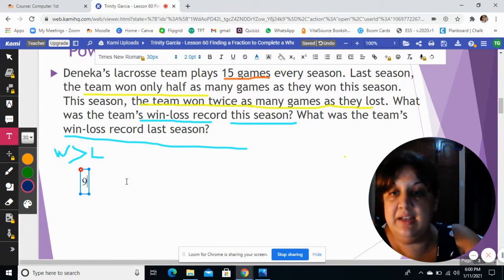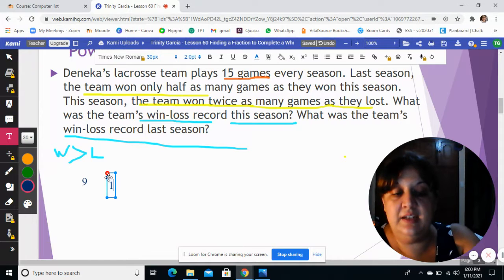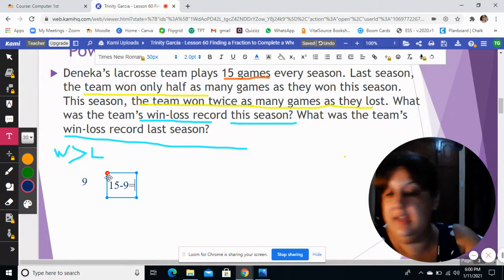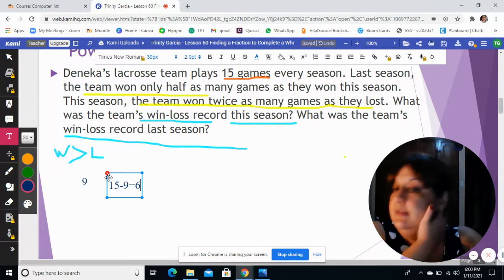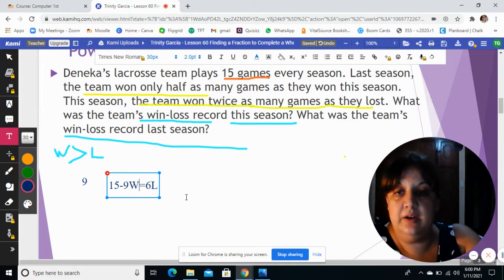That would mean that the team lost 15 minus 9, because we say they're winning 9. So what's 15 minus 9? That would be 6 games that they lost. So let's put an L there. And we're going to say 9 games that they won, so we'll put a W there.